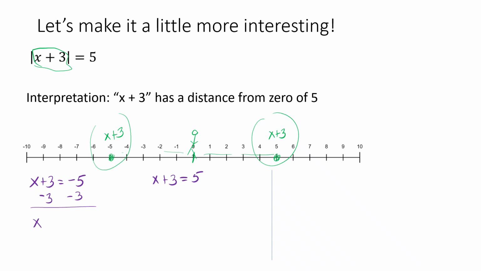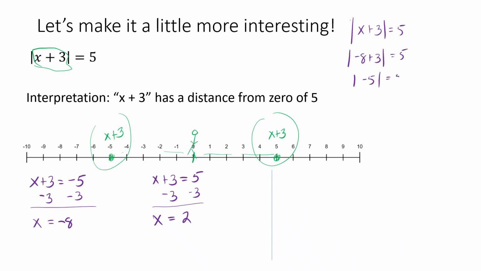So we would subtract the 3: -5 minus 3, or you might say -5 plus -3, is -8. And subtracting 3 here, we get X is equal to 2. And just so you can see, if I take my first solution, here's my equation, and I plug in -8. -8 plus 3 is -5, and the absolute value of -5 is 5, and note that that is true.